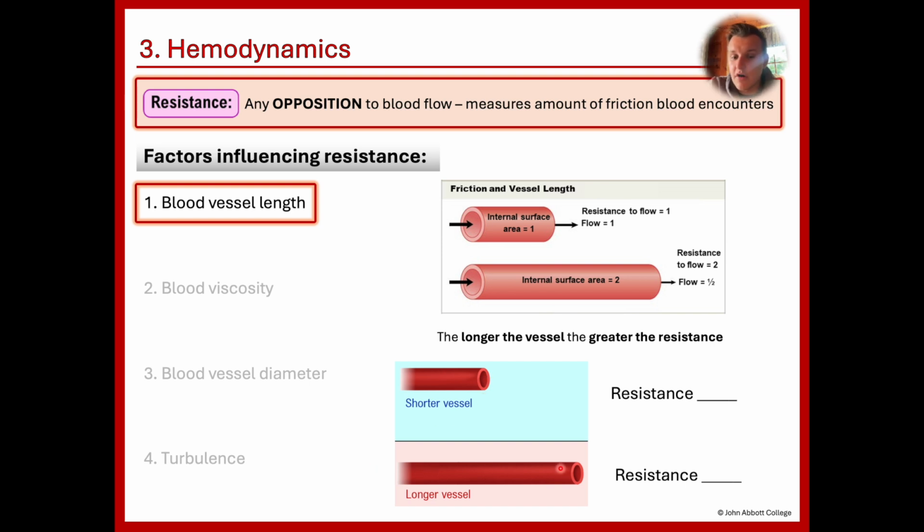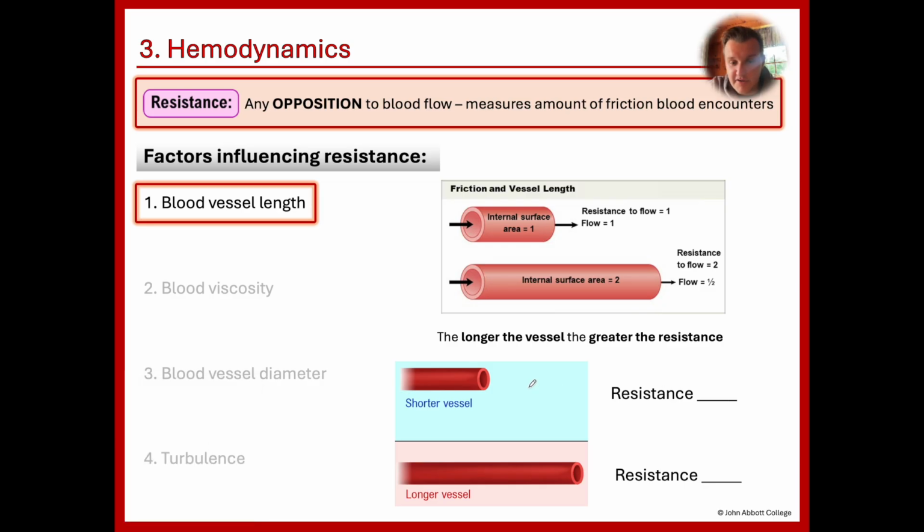Whereas if I have a longer vessel, a longer hose that's meters long, right? Here's the tap. Over here, it's going to be very high pressure, very, very high. And then it's slowly going to slow down. As I get to the end here, it'll be very low pressure. So the longer the vessel, the greater the resistance, right?